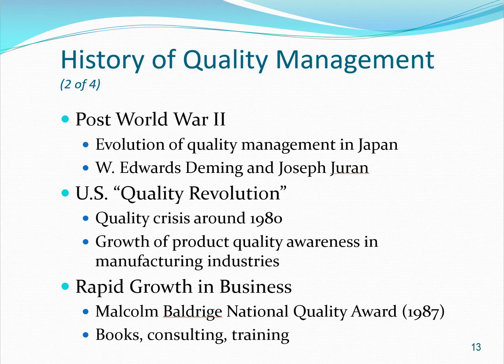And then we get into the rapid growth in business. In the late 1980s, the Malcolm Baldrige National Quality Award was started. All kinds of books, consulting firms, and training on quality really started taking off.